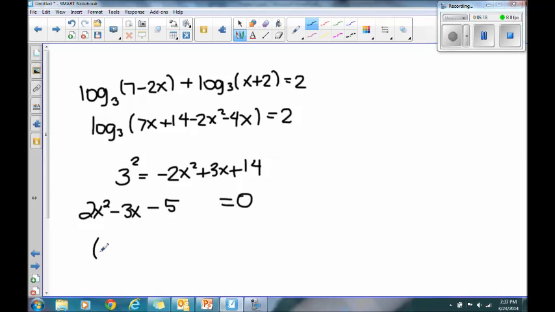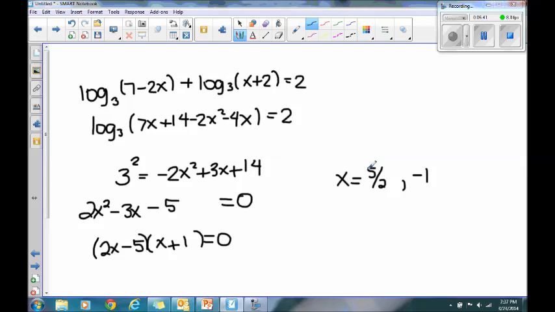Then when I go to factor that, the two numbers that multiply to be negative 10 and add to be negative 3 are negative 5 and positive 2. So I will get the polynomial factored. I'll set each piece equal to 0, and I'll solve each piece for x.